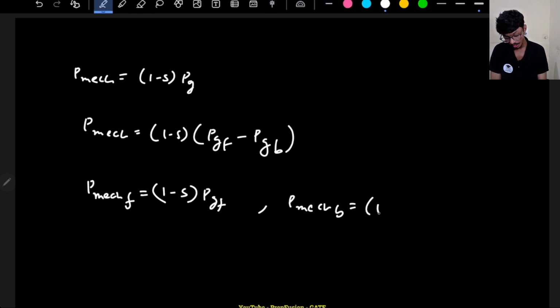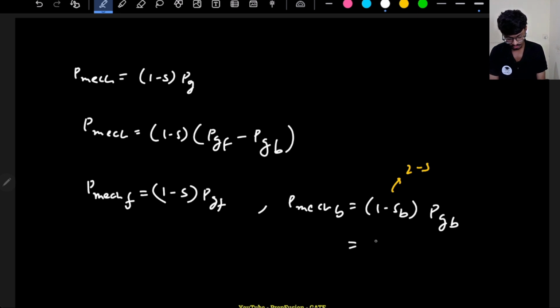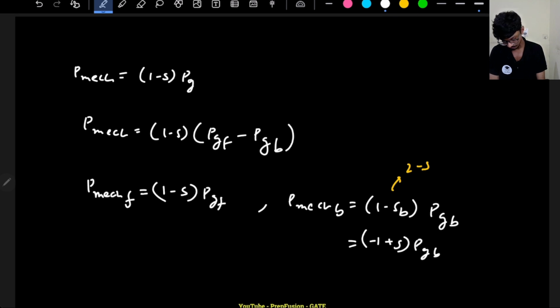It will be 1 minus slip of the backward into the backward air gap power of the backward field, right? So what is the slip of the backward? The slip of the backward is 2 minus S. So this will be 1 minus 2 plus S, that is minus 1 plus S into PGB.